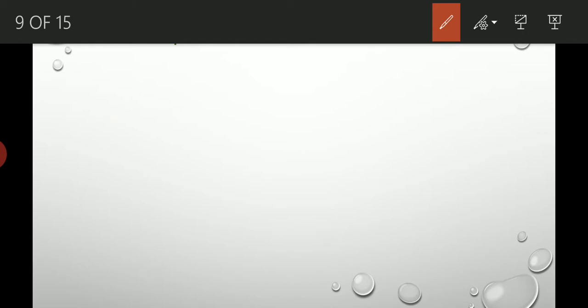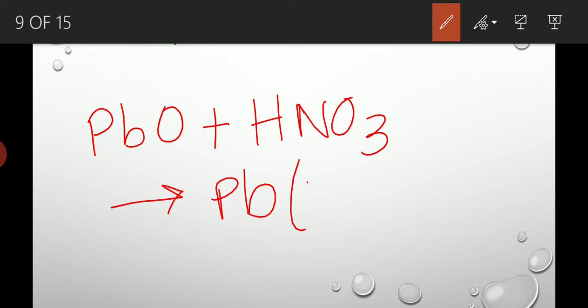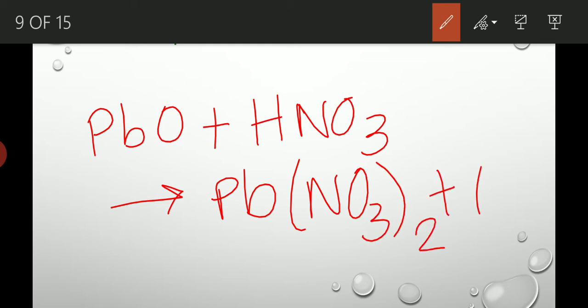First, we will take lead oxide. We will react this lead oxide with nitric acid. Then it will be converted to lead nitrate. Clear? Lead oxide is converted to lead nitrate.